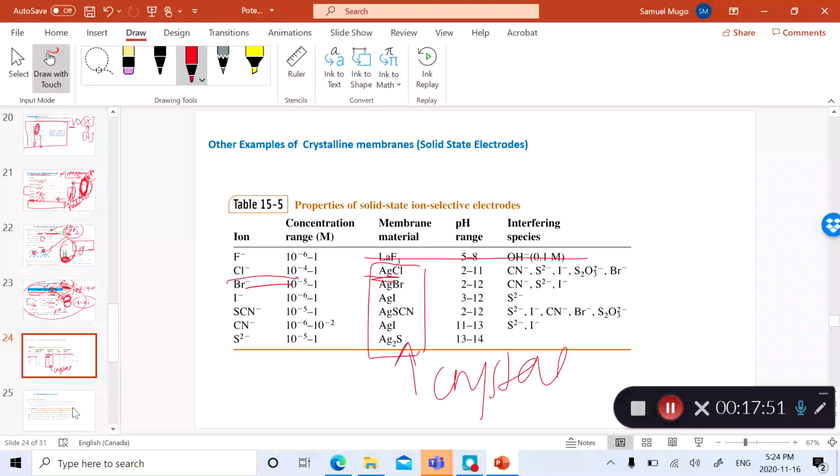If it's bromide, the membrane material would be made from a crystal or a salt made of silver bromide, and so on. You can make lots of different types of ion selective electrodes by choosing the right type of salt that would be selective to the ion of interest.